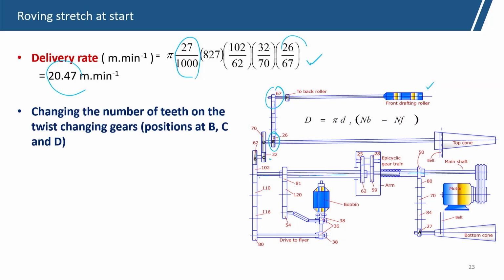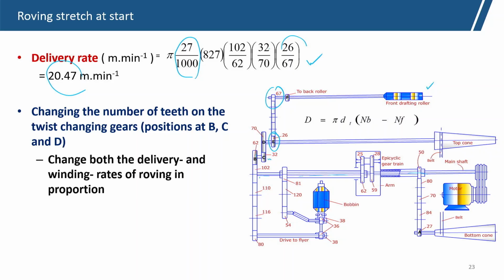So, changing the number of teeth on the twist change wheel position B, C and D gears, what will they do? They will change the speed of both the delivery and winding rate. So, delivery and winding rate will be changed in the same proportion. This does not alter the roving slackness or stretch.